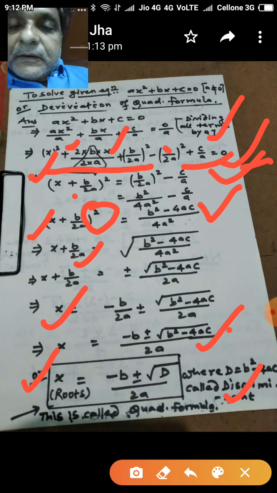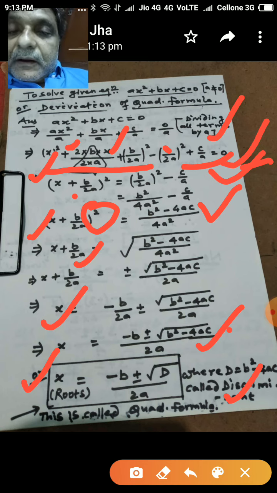So if we put the values of b, a and c in b square minus 4ac and get the value of D, we can predict which type of roots the given quadratic equation will have, which is called nature of roots.